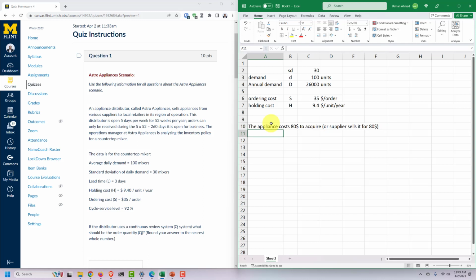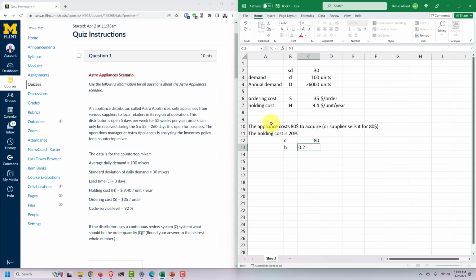And somewhere else in the problem it might say the holding cost is 20%, something like that. So then in this case, C, the item cost will be 80. Small h, the holding cost percentage will be 0.2, not 20, because 20% means 20 over 100.